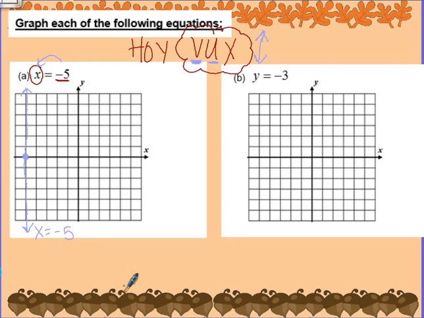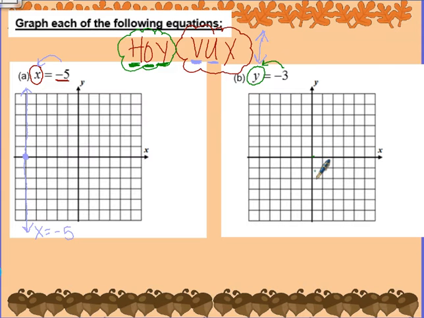Let's go to letter B. Letter B, I see, has the letter y. So I am going to use my phrase oi because it has the letter y in it. Oi tells me that it's going to be a horizontal line which has 0 slope. So here's what I do. I take -3 and I go to -3 on the y-axis.